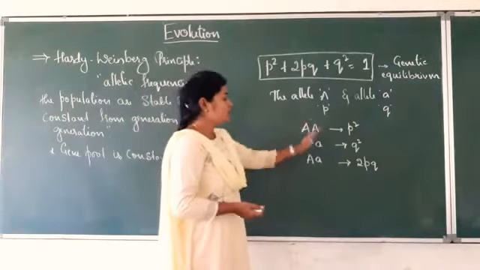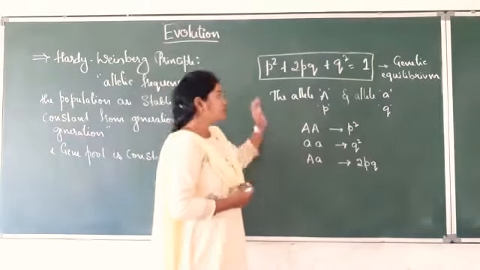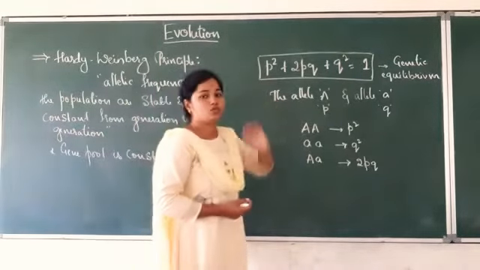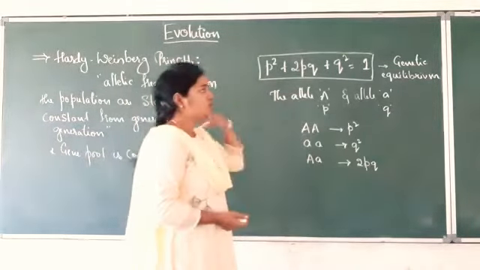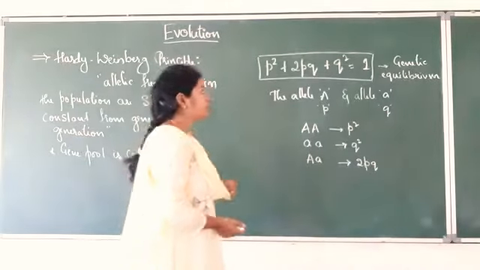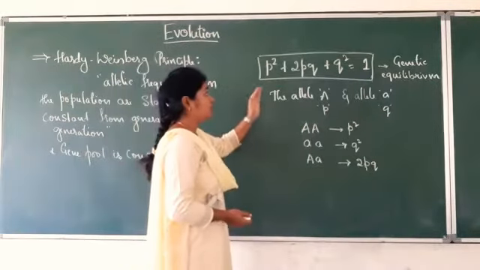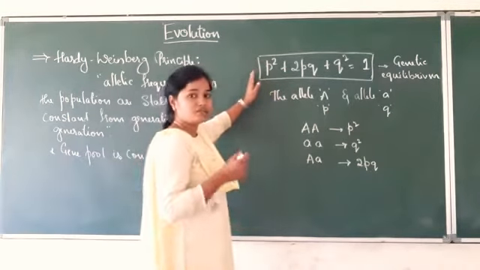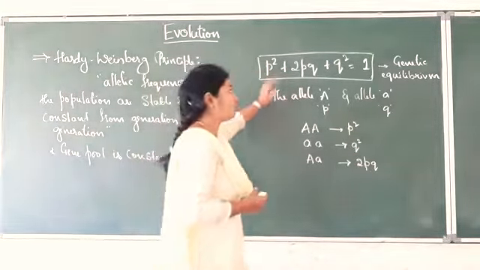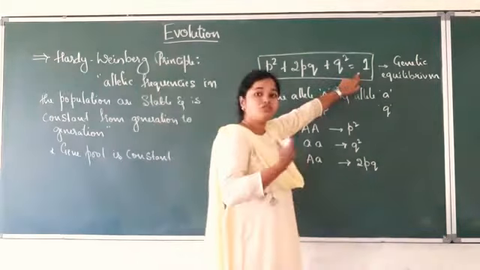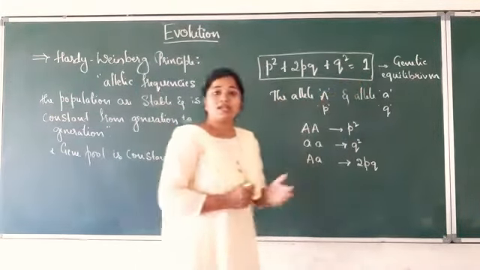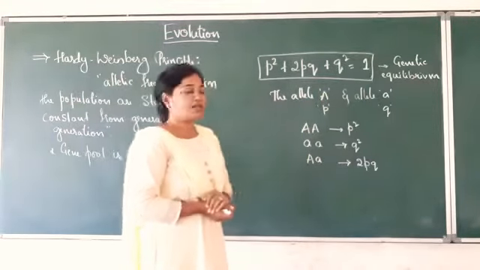Right? So all these frequencies of the alleles are calculated by using the formula p square plus 2pq plus q square is equal to 1, which is a genetic equilibrium. Right? So whenever the allele frequency is calculated and if the value is going to be different from 1, then it indicates that evolution is taking place, right?